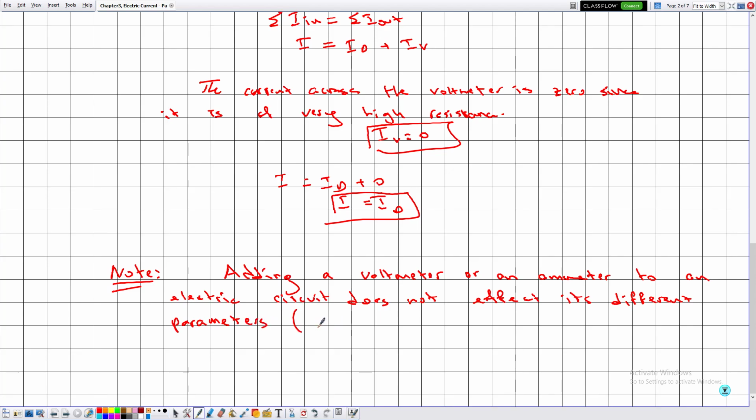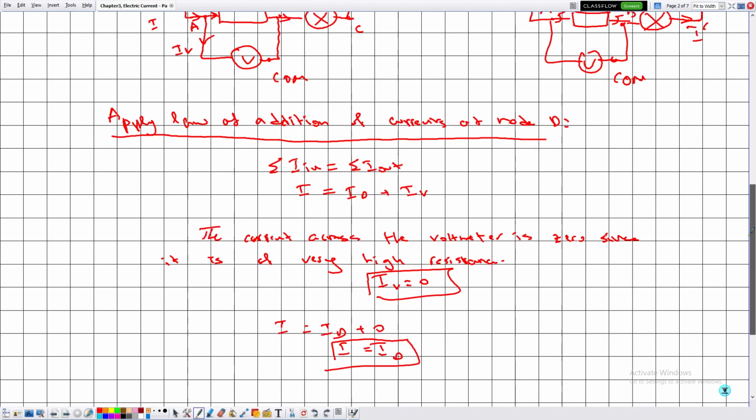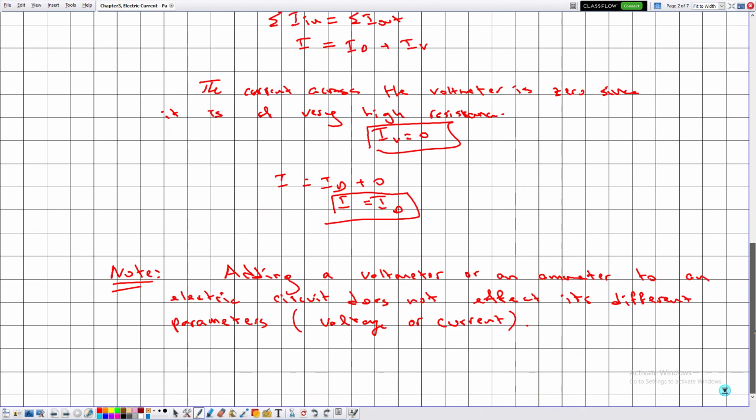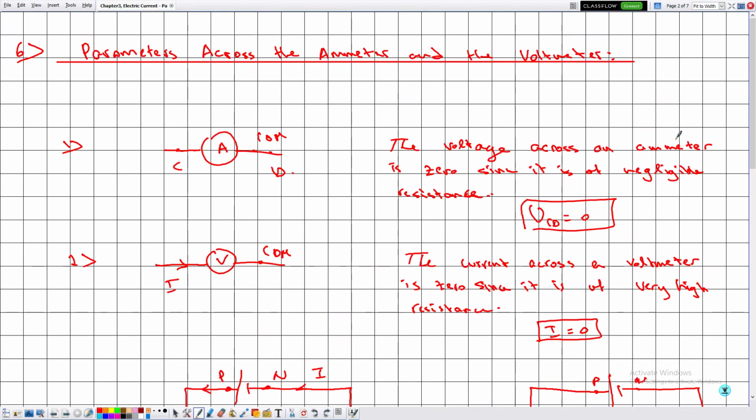And by parameters I mean voltage or current. Okay, so adding a voltmeter or an ammeter to an electric circuit doesn't affect its different parameters.